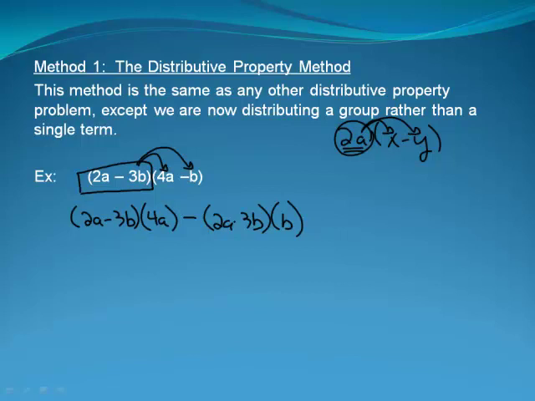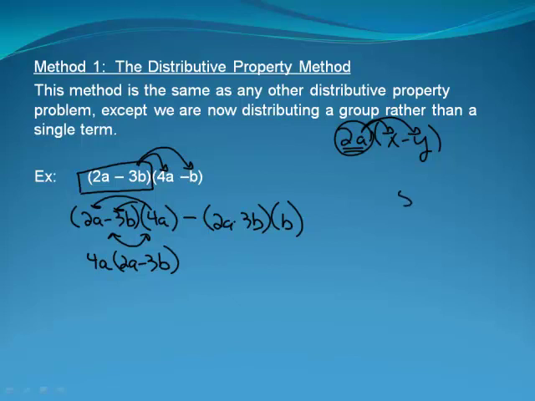Now, as it's written here, you'd be distributing from the back. That bothers a lot of students, so if you want to, you can flip-flop the order of those groups around. You can write the monomial first and write the 2a minus 3b group second, if you like the look of that better. The reason you can do that is because of the commutative property of multiplication.